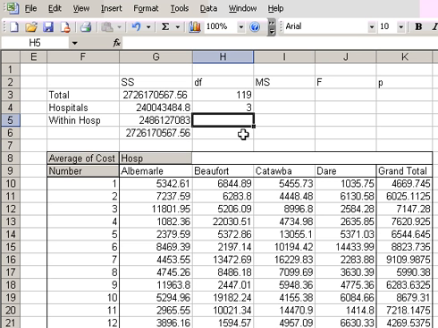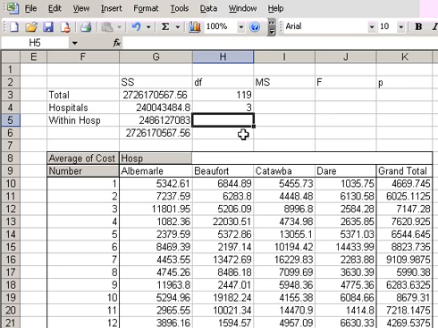And within hospitals, there are degrees of freedom equal to the number of degrees of freedom that would exist for each of the hospitals times the number of hospitals. Within each hospital there are 30 observations.